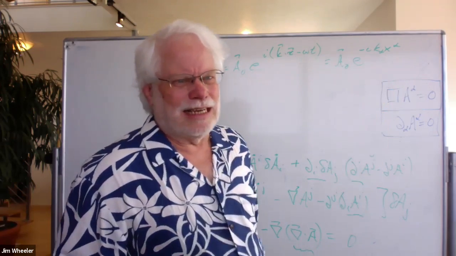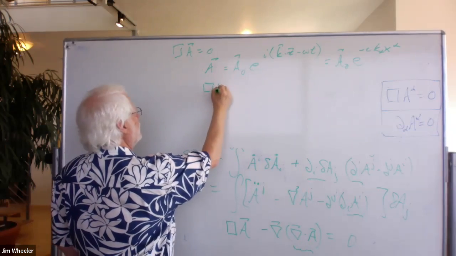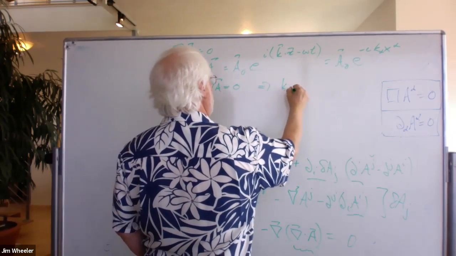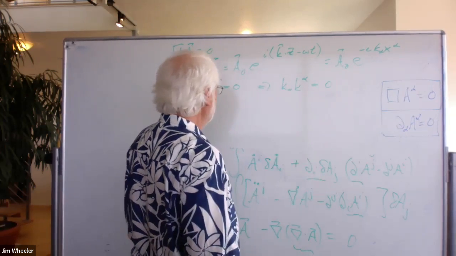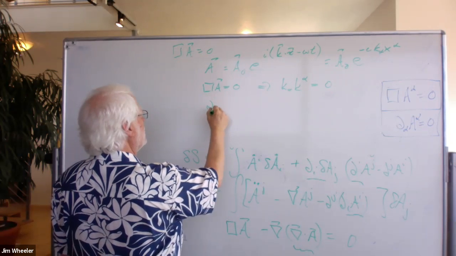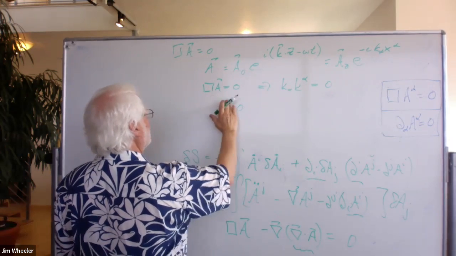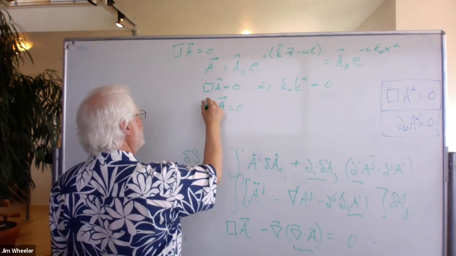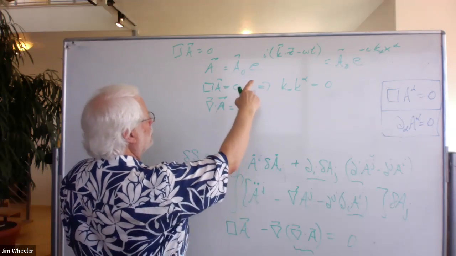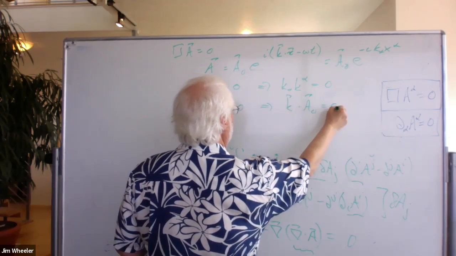And the full solution then, we need box A equals 0, and that tells us that k_alpha has to be 0, and we're going to need the Coulomb condition, which is what we really need further, and that's going to pull down a k, so that's going to give us k dot a0 equals 0.